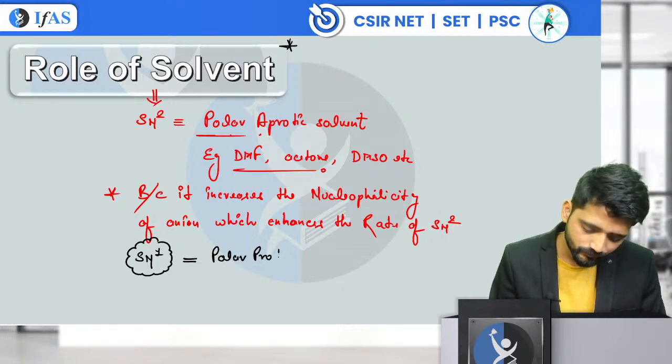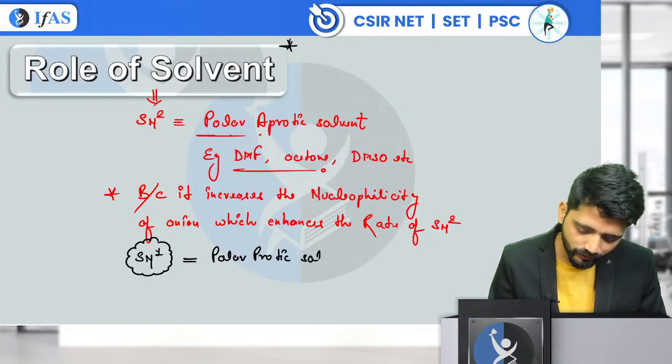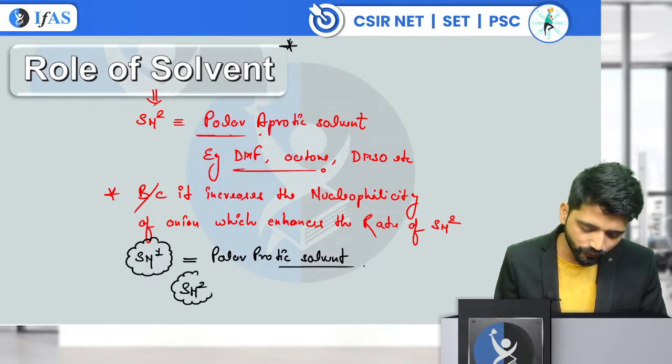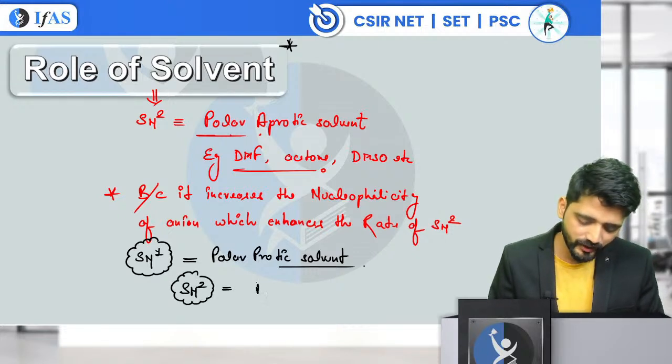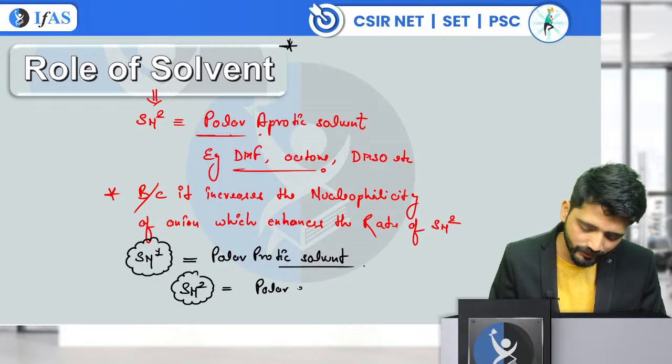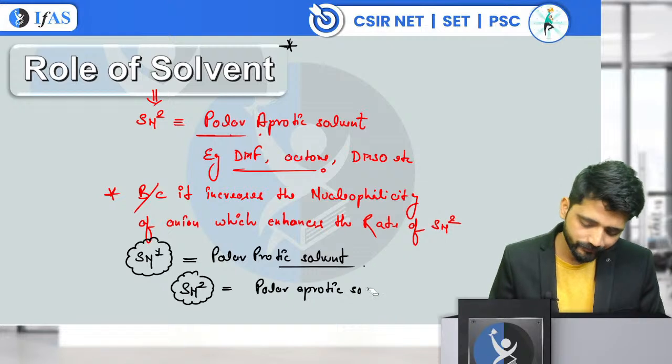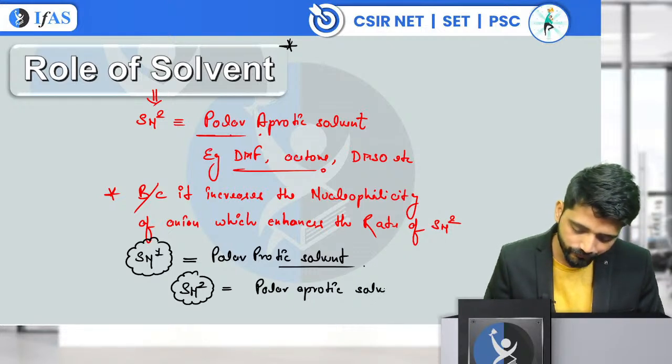Whereas in the case of SN2 reaction, the nucleophilicity matters. That's why we use polar aprotic solvent. I hope you got the concept of the solvent, why we are using polar protic and aprotic.